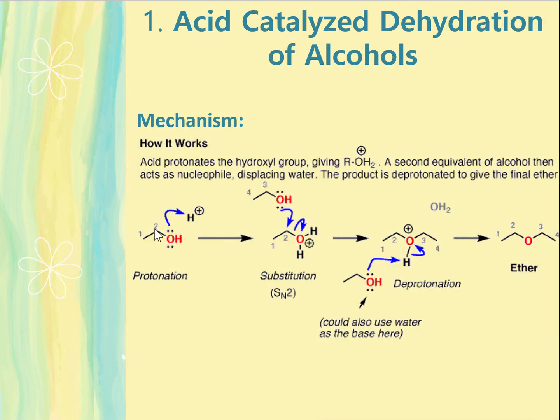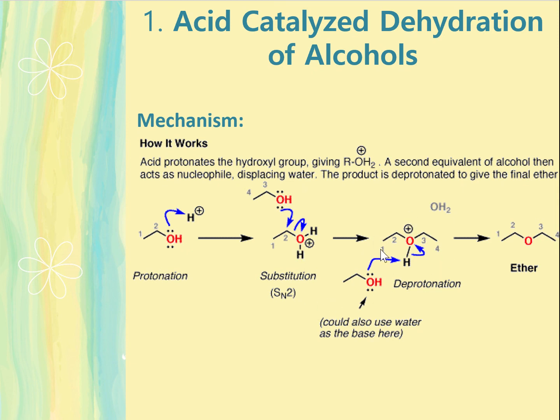All right, so how does it work? Here we have the first step, which is the protonation. Our alcohol is protonated, and I'm sure you would have guessed that. Then another molecule of alcohol attacks this electrophilic center and breaks the carbon-oxygen bond, quenching the positive charge.